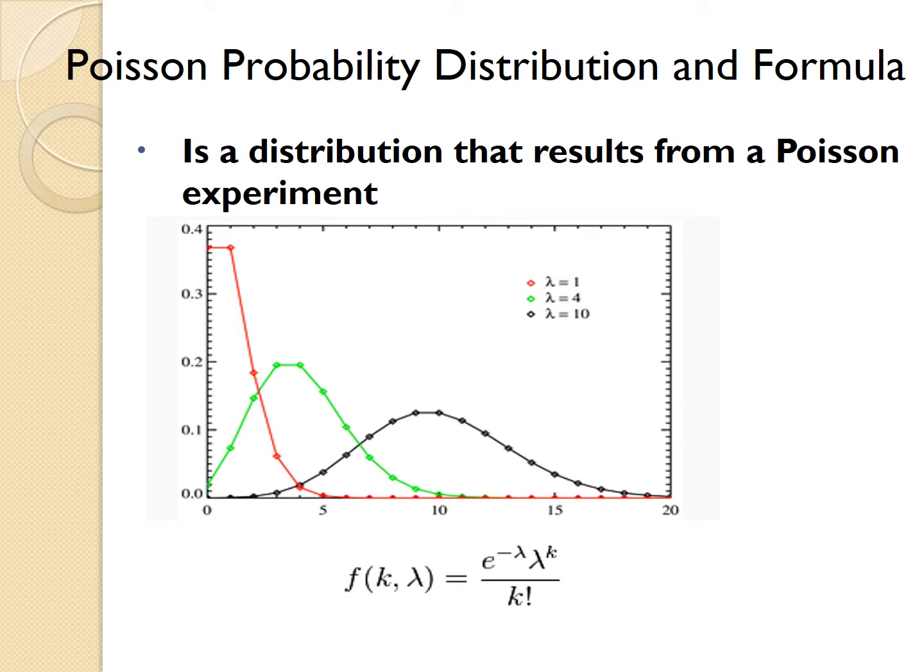In this formula, e is the base of the natural logarithm system, which is equal to 2.71828. It's a constant. Lambda is the number of successes that occur in a specified interval, and K is the actual number of successes that occur in a specified interval.